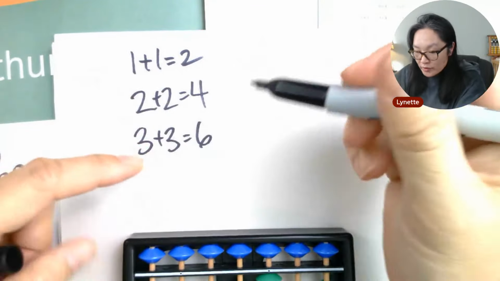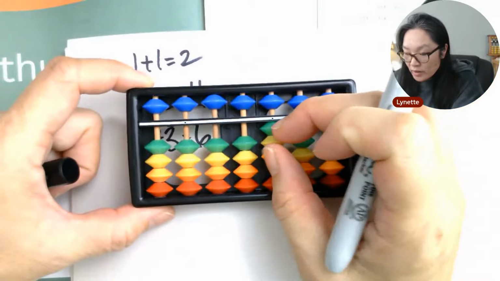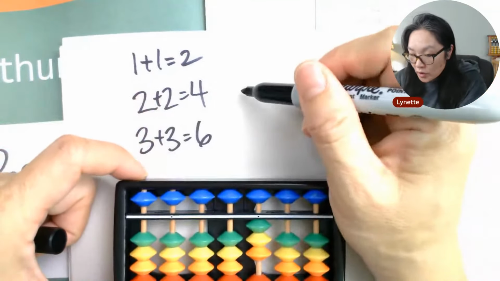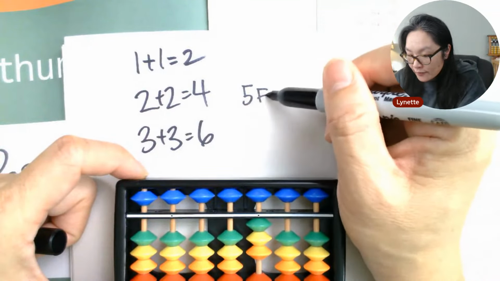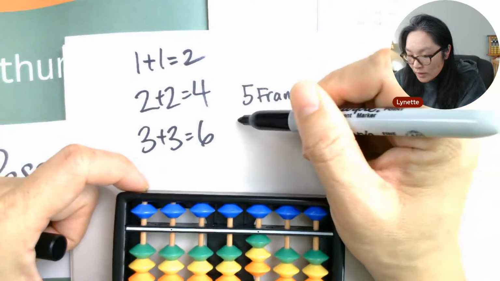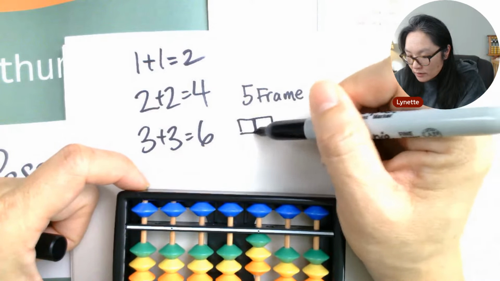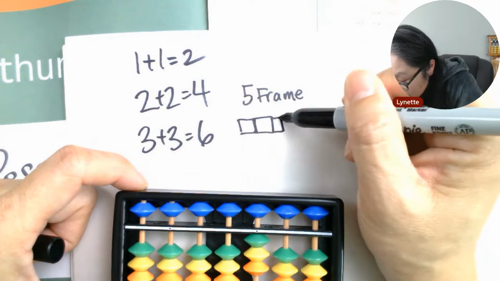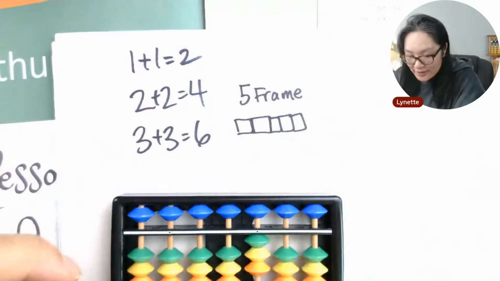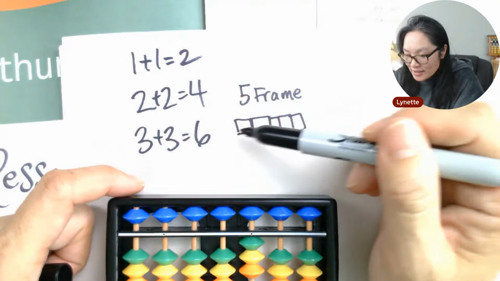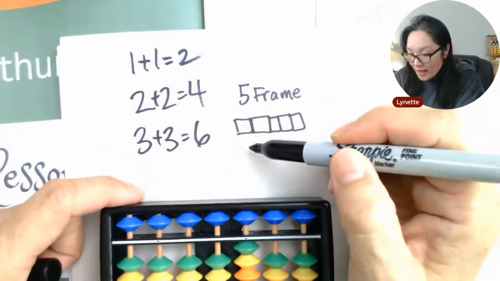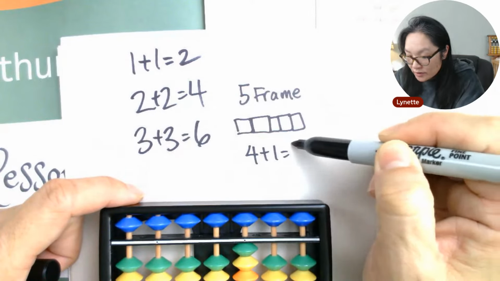So what are we doing here? Well, this is where in school we learn what the 5 frame is. What is a 5 frame? It's 1, 2, 3, 4, 5. This is the 5 frame. We know that 4 plus 1 is equal to 5.